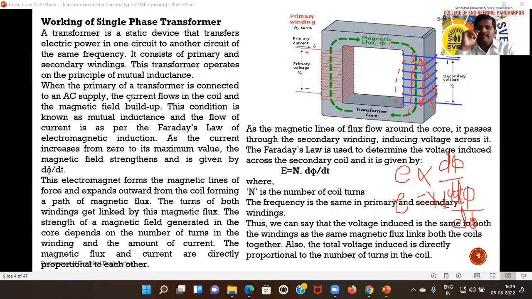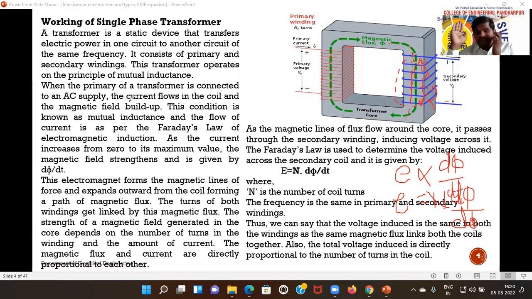E is equal to n d phi by dt, where n is the number of turns of the coil. Coil ला किती number of turns आहेत, म्हणजे किती wind केलेले, किती turns घेतलेले आहेत. Then, according to the definition of the transformer, the frequency of the transformer remains the same. That is, the frequency is the same in the primary and secondary winding.